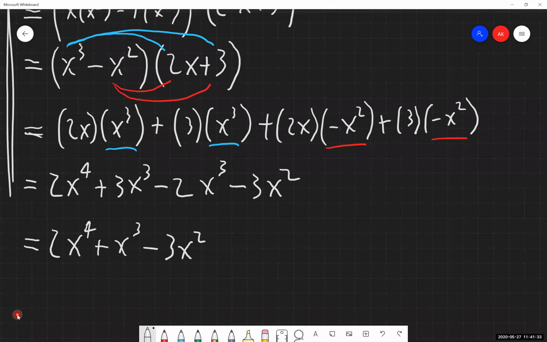So we have fully simplified this thing, and now we ask ourselves again, final step, is this thing in standard form? Is it written in alphabetical order? Yes. Is it written by descending powers? Yes. So nothing else I can do with this problem. Done.